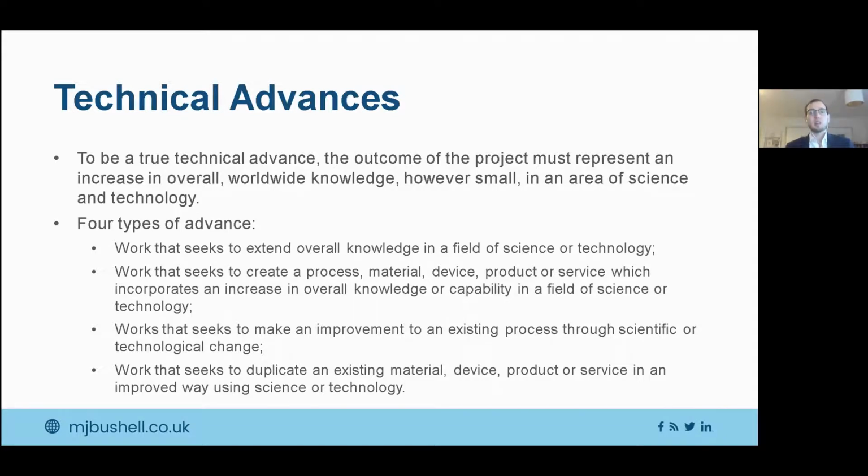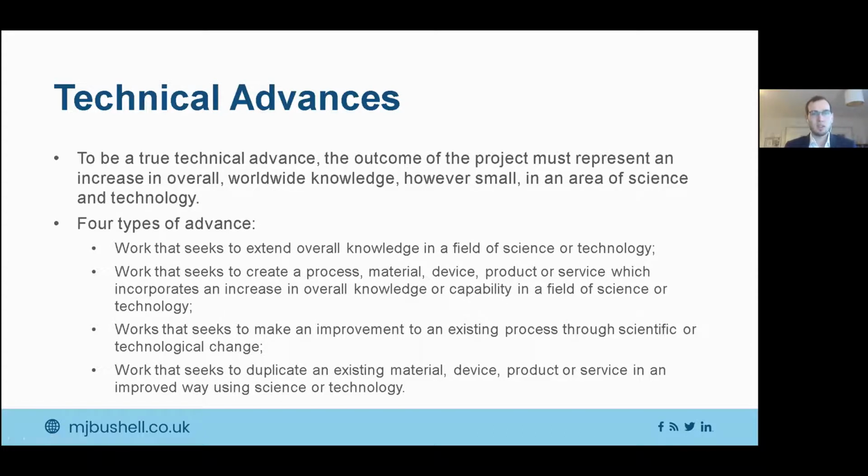However, you can break down the definition of a technical advance into some subsections. So I've listed those below because there's some really helpful definitions here that can lead to you understanding that your company could be eligible for R&D.